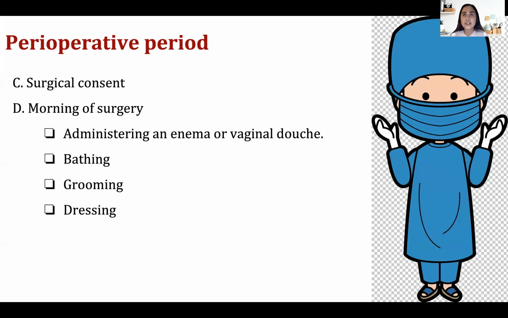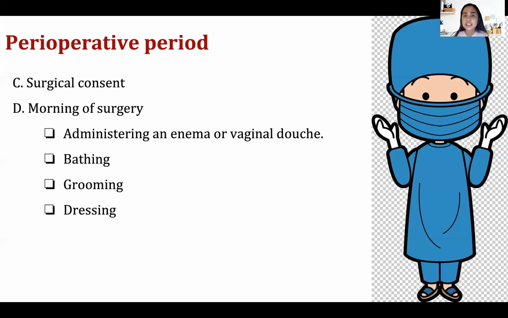We cannot give the patient pajamas or whatsoever. The patient should have a gown, so it's very easy for the nurses in the operating room to do whatever they need to do for the patient.